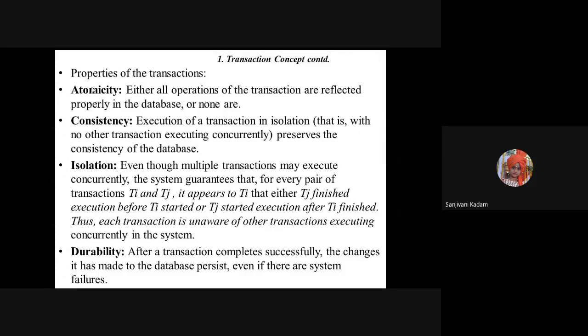We cannot divide it into multiple parts. Yes, there are multiple operations, but all these operations perform a single logical operation. Single means that it should be either 0 or 1, and hence this is the main property, that is atomicity. Clear with this property?